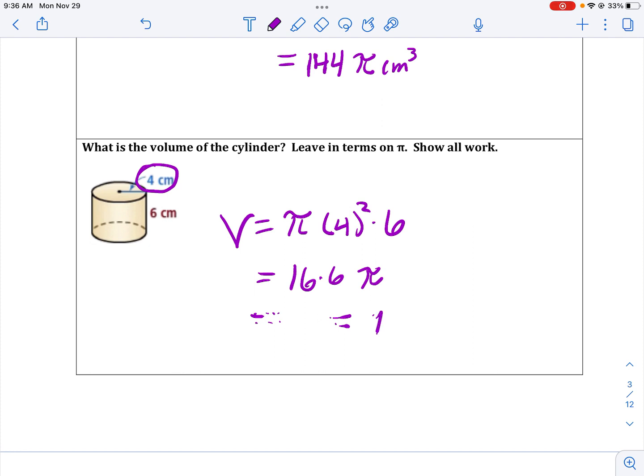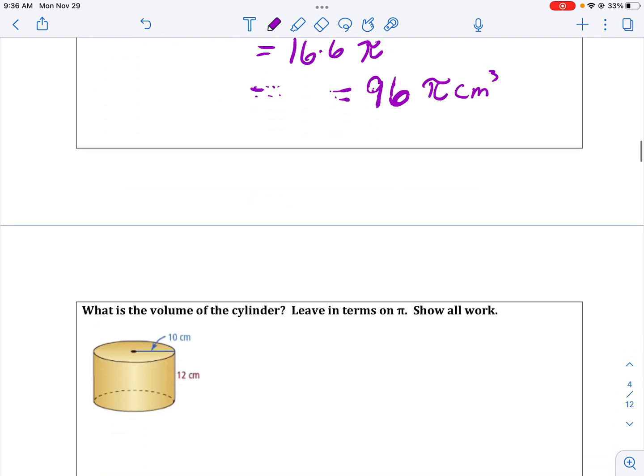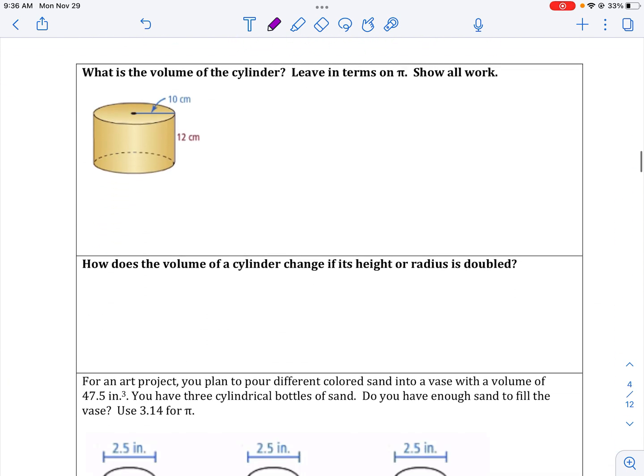equals 96 pi centimeters cubed. So we're going to leave in terms of pi.